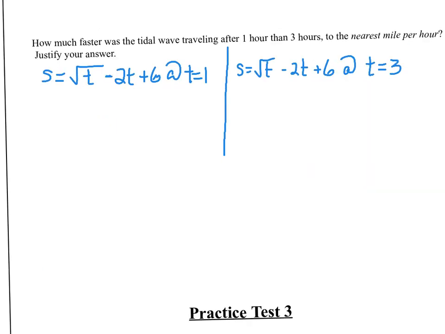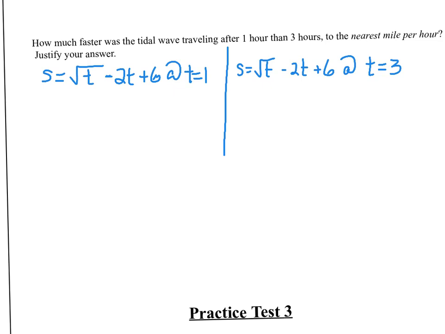All right, so for this last part, they want to know how much faster the tidal wave was traveling after 1 hour than at 3 hours. So I'm just going to find how fast it was traveling at 1 hour, how fast it was traveling at 3 hours, and then we're going to kind of compare. So I'm just going to plug in 1 for t.